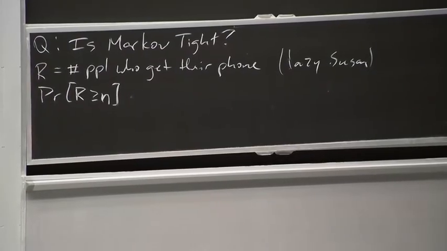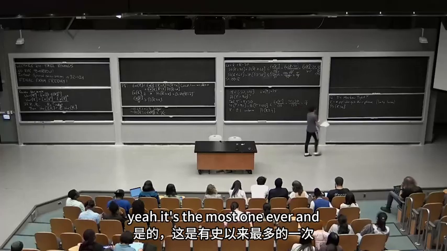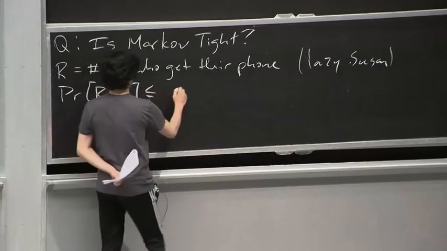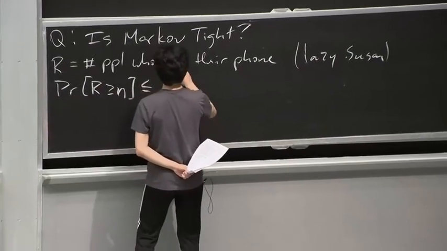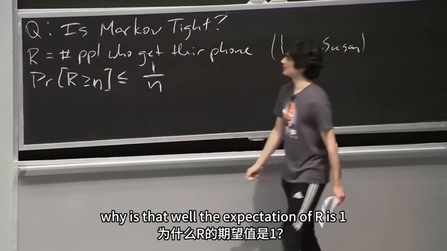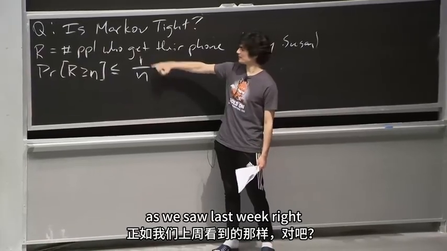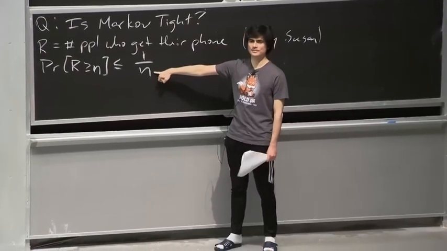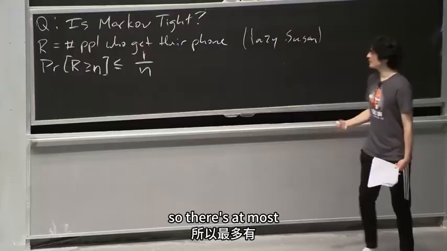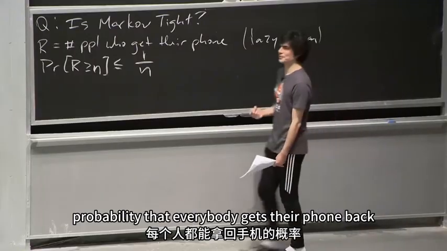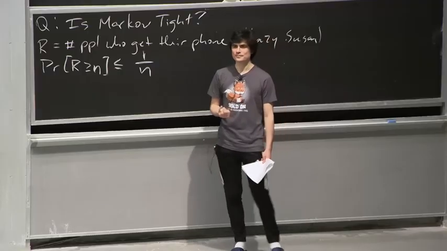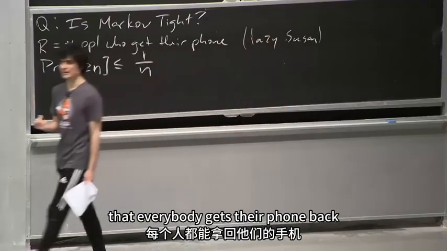What does Markov tell us about this probability? Yeah, it's at most 1 over n. Why is that? Well, the expectation of R is 1, as we saw last week. The bound we're looking at is n. So there's at most a 1 in n probability that everybody gets their phone back. What is the actual probability?